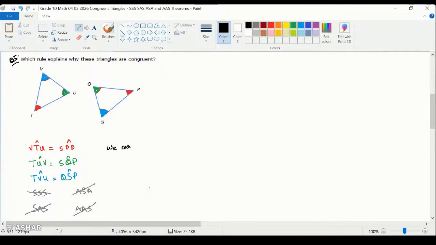We cannot prove the congruency of the two triangles because a side ratio is missing.